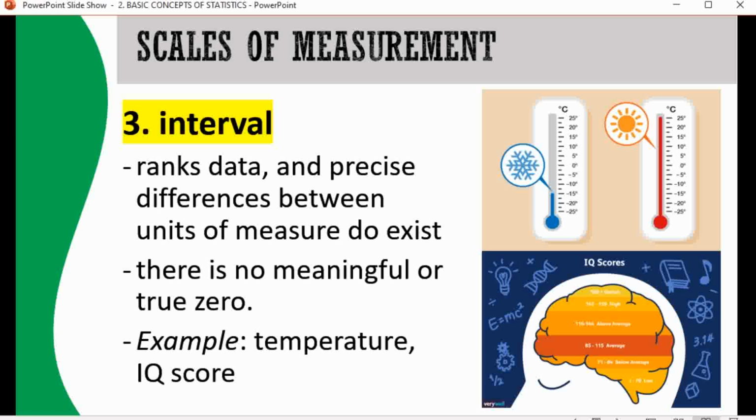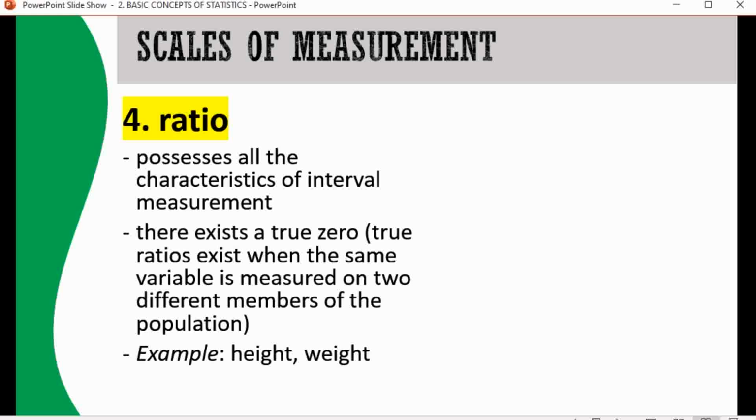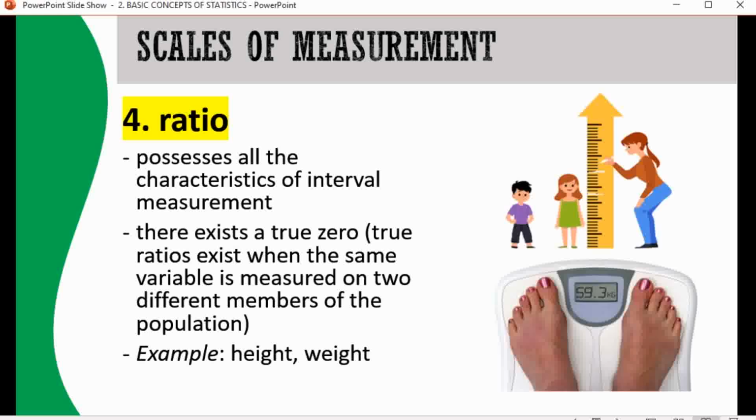But IQ cannot be nothing. Everybody should have IQ. So in interval, in terms of numbers, there is a possibility of having a negative value. So zero is still something, it's still there. However, in ratio, when we say zero height, there's no more height and there's no possibility of any negative values. Weight is also another example.